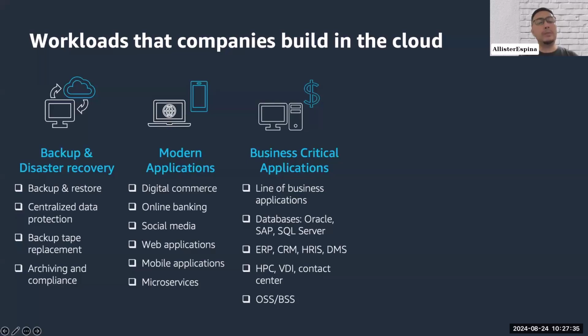A lot of manufacturing companies also move their ERP to the cloud. Some examples are virtual desktop infrastructure, contact center solutions, even HRIS, Human Resource Information System, DMS, Document Management System, CRM, Customer Relationship Management. All those line of business applications can be moved to the cloud.